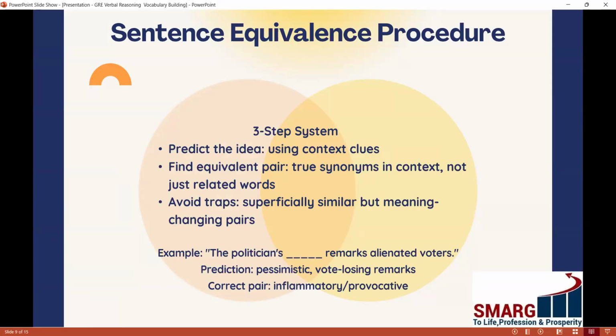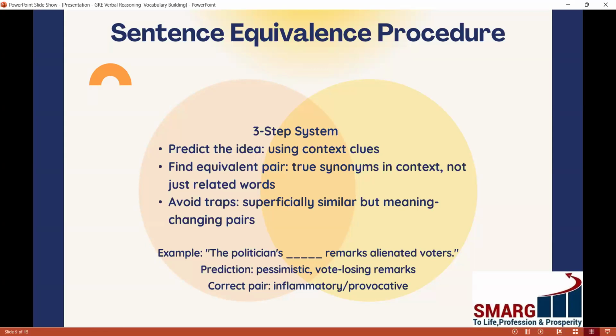Sentence equivalence is about keeping the meaning intact, conveying the same meaning but changing the words. Correct? So again, we are focusing on vocabulary. But for this particular question type, the thing that I told you, how you have to build your vocabulary, is really going to come in handy for this.